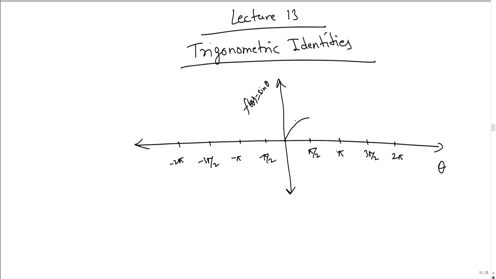It starts increasing rapidly and then becomes almost constant. At pi by 2, it starts decreasing, comes to pi, and then decreases even further. Now it starts increasing from here and goes like this, and then it starts increasing like this again. Similarly, in this direction, it goes like this.